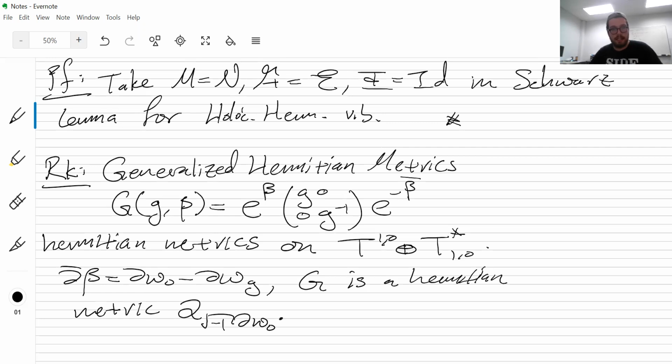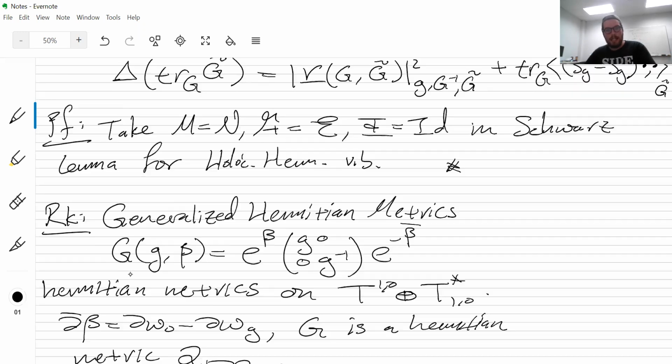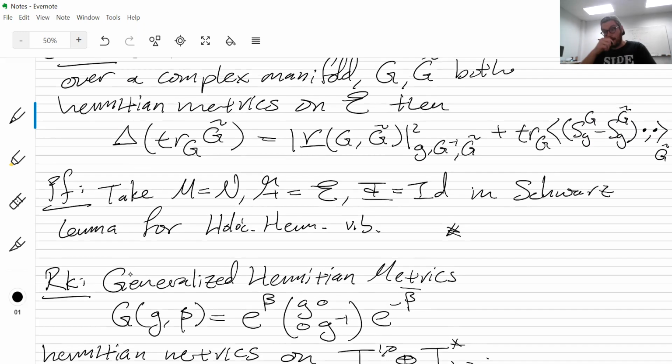All right, this omega naught guy. And because these generalized Hermitian metrics are Hermitian metrics, we can apply this lemma right on the nose.